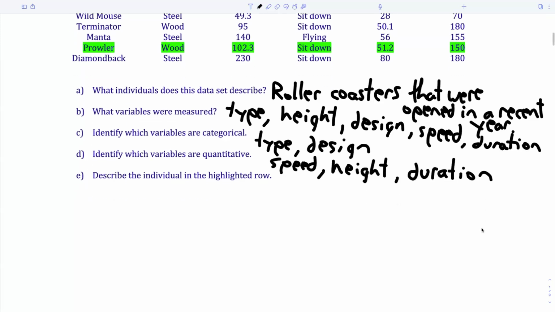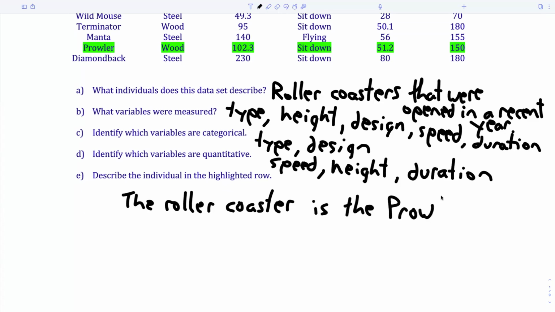So here's what I say. The roller coaster is the Prowler, a wood sit-down type coaster.